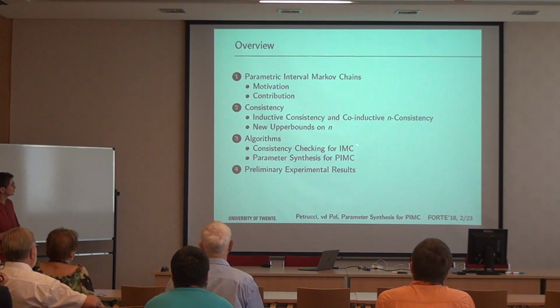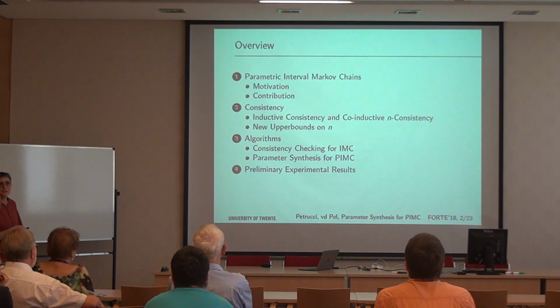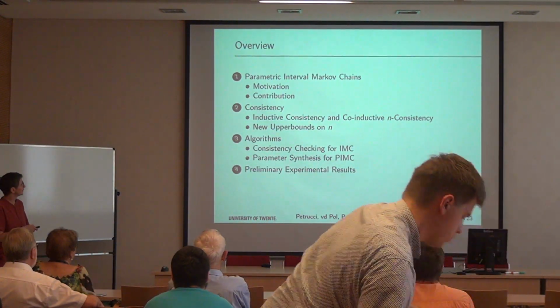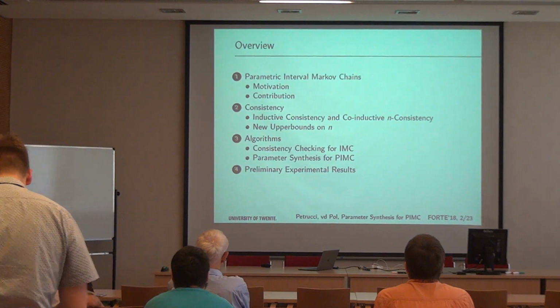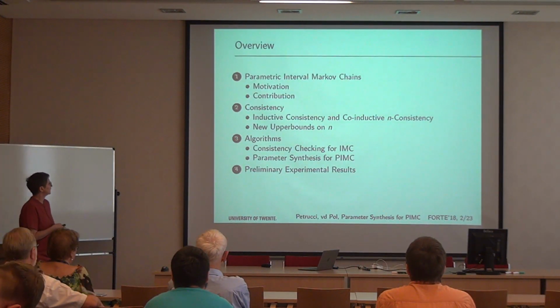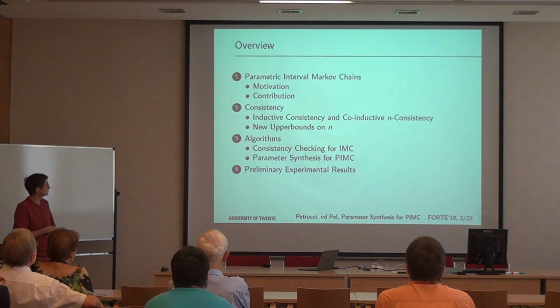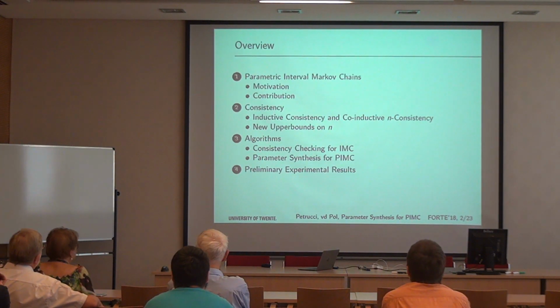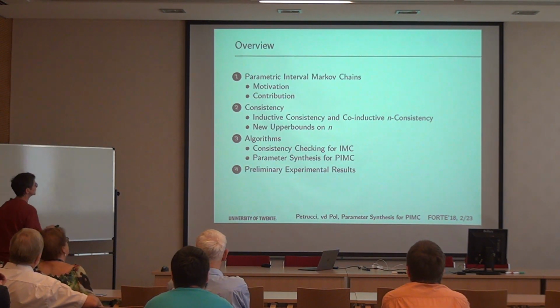These two models, in fact, are very similar. They only differ by the fact that PIMCs have parameters, whereas IMCs do not. So we check consistency for IMCs, and for PIMCs what we want to do is to synthesize some parameter values for which the model is consistent or some state is consistent.